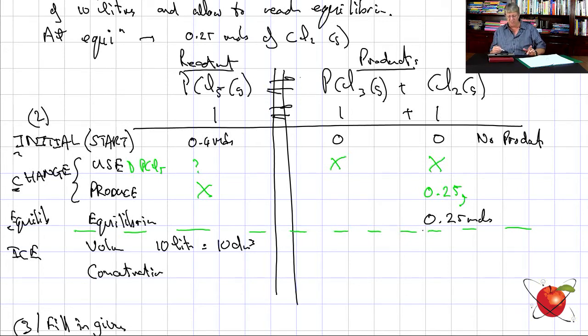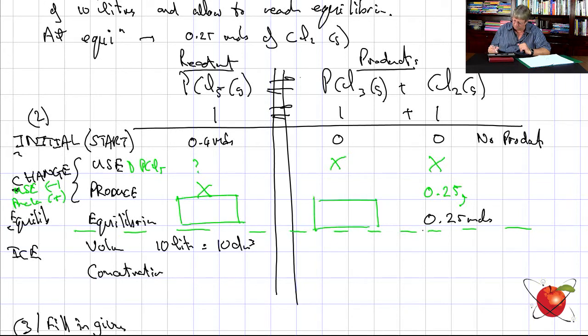If I use it in the change row, use would be a minus and produce would be a plus sign. By keeping them in the table like this, I don't need to do that. It's obvious. So 0.25. Now look, these spaces are blank here, and this is also blank.